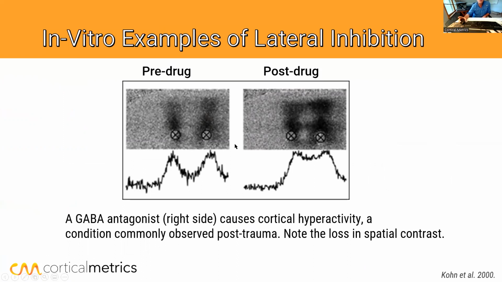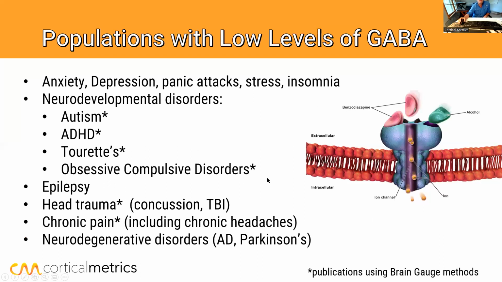Now, if we turn off the lateral inhibition just a little bit, which is done with a GABA antagonist, where you're turning off that key feature of lateral inhibition, you basically see a picture that's getting fuzzy. You're losing contrast. This is actually what happens in a lot of those neurodevelopmental disorders that we listed a little while ago. Let's list them again. So now you've got the reason why these populations don't do well on this particular test.